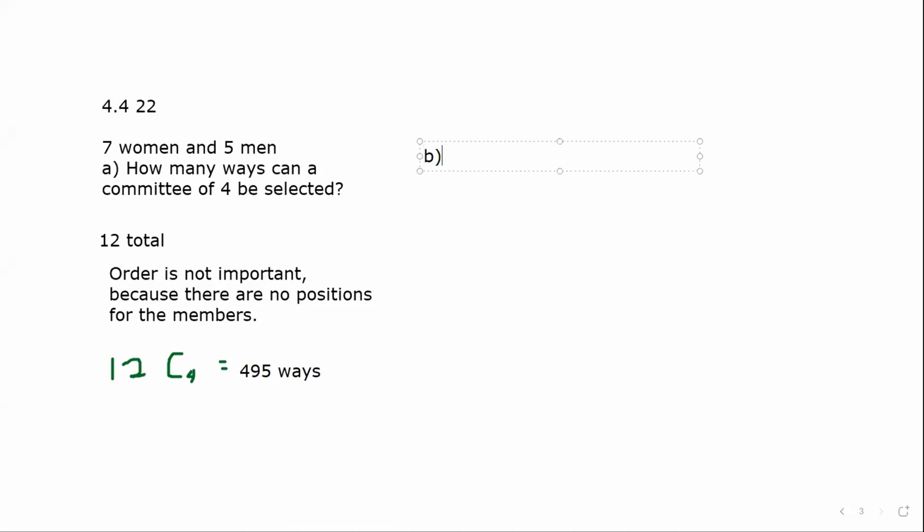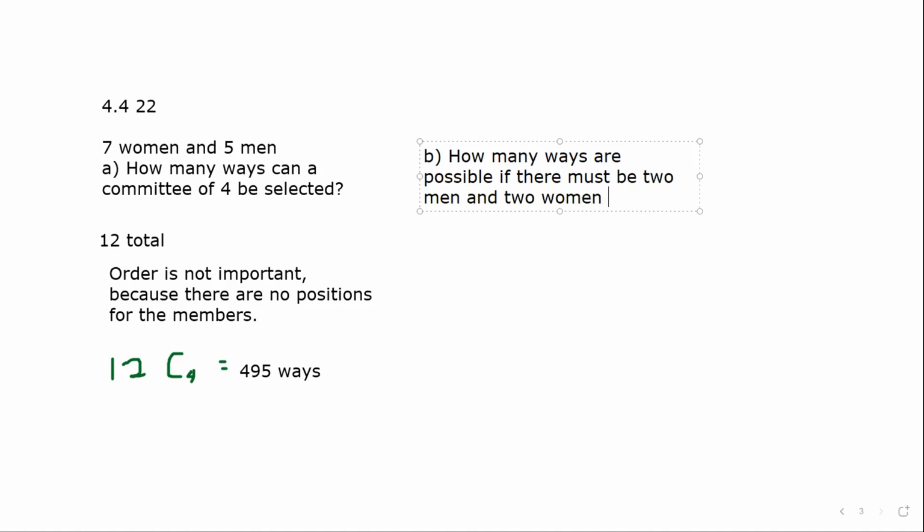The second question says, how many ways are possible if there must be 2 men and 2 women on the committee.